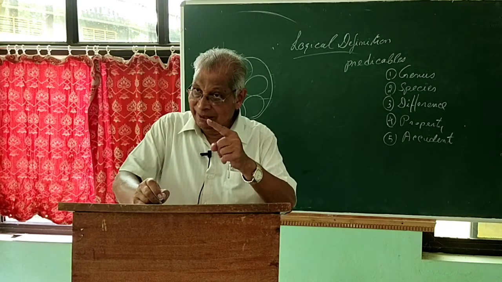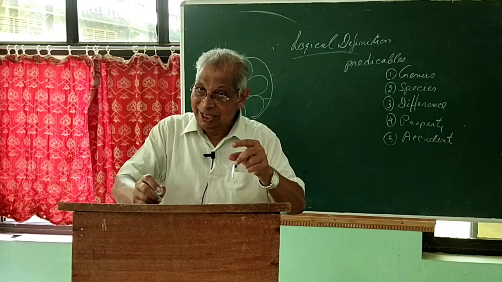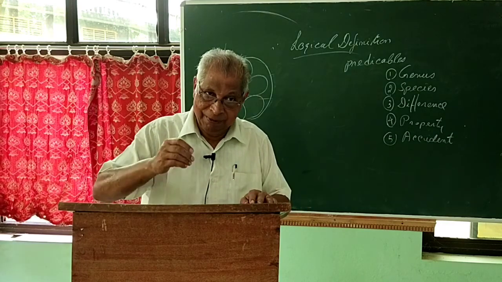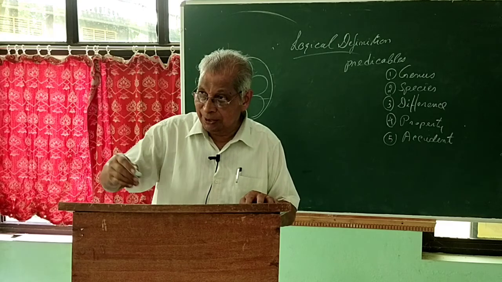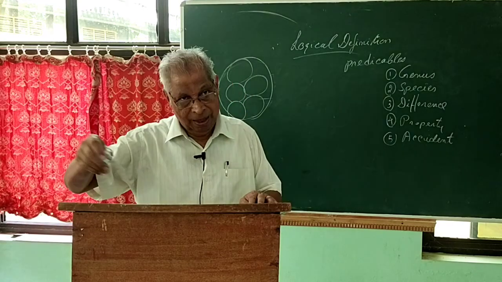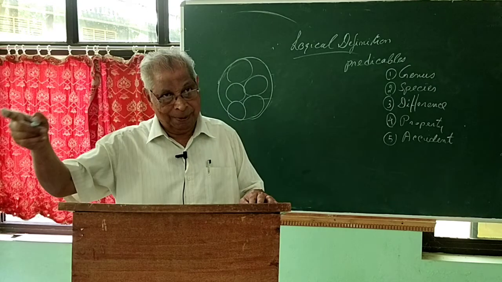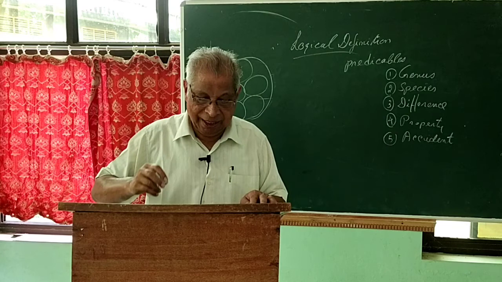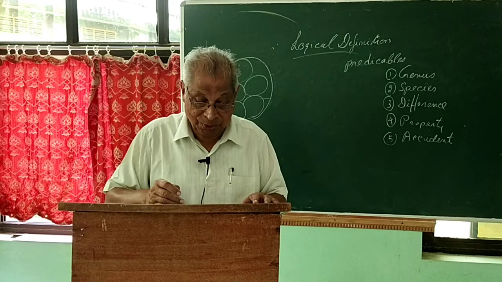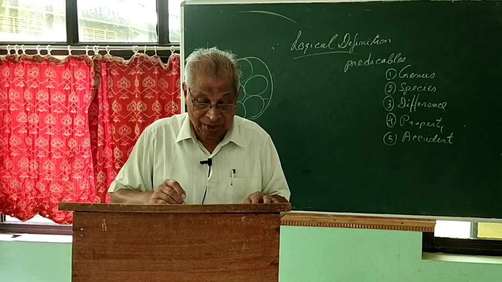But then that subclass has a specific characteristic that differentiates it from the subclass of being a fish. Fish is also a subclass in the animal, but then there is a difference between the subclass fish and the subclass human being, and that kind of small class, a subclass, is called species.